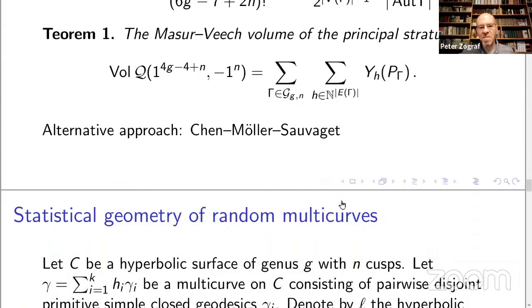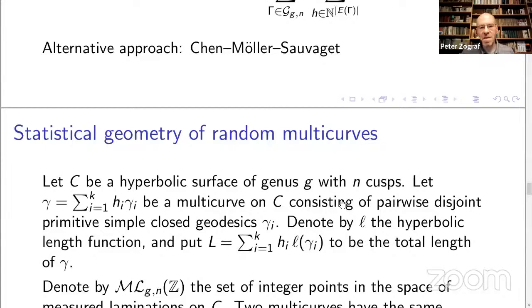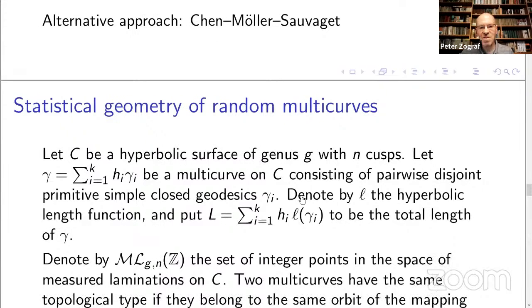Now, another application is to the statistical geometry of random multicurves. So let's see, the hyperbolic surface of genus g with n cusps. And let gamma be a multicurve on C consisting of pairwise disjoint primitive simple closed geodesics gamma_i.